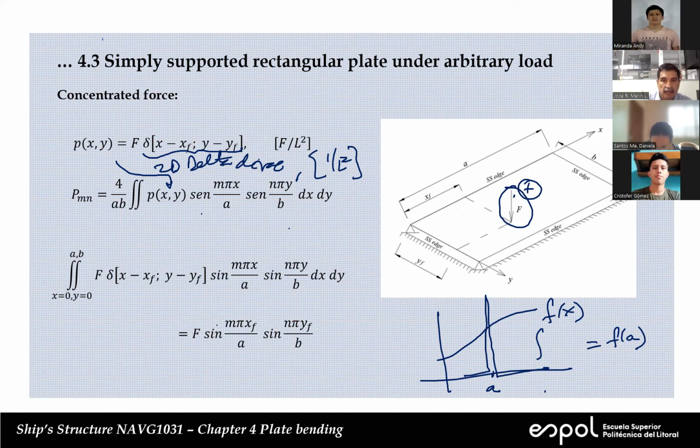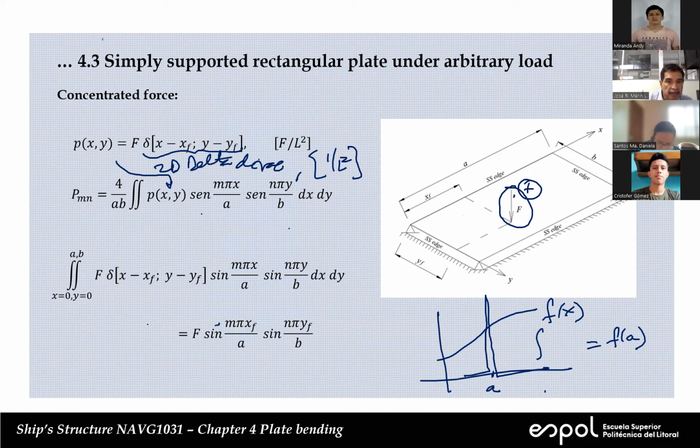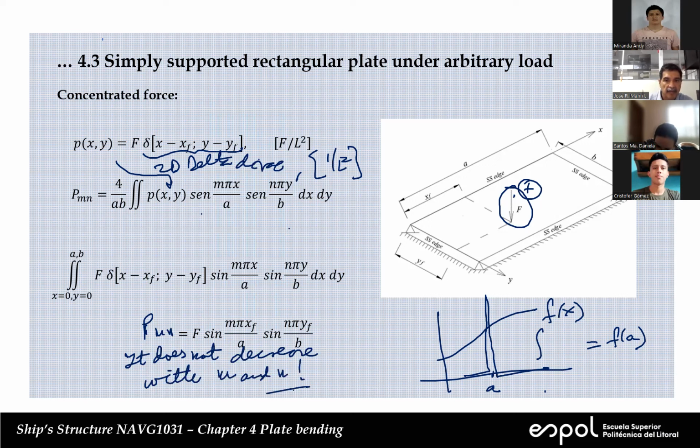No? One thing here is that this is my PMN for the concentrated force. And you see here that it doesn't decrease with M and N. That means that if you want to express this distribution using a sinusoidal series, then you have to use an infinite number of terms.